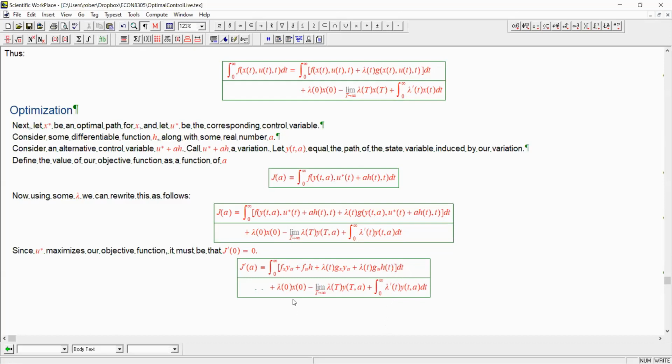So we're done there. This is a constant. It doesn't depend on a, so its derivative with respect to a is, that's right, 0. The derivative of this with respect to a is just y sub a, and the derivative of this with respect to a is also y sub a.